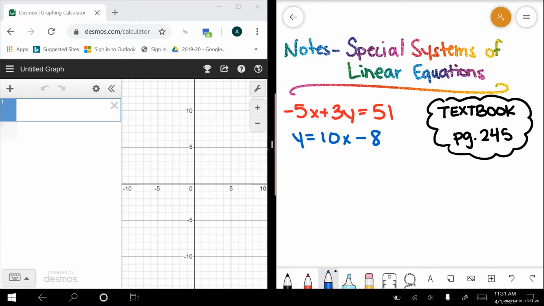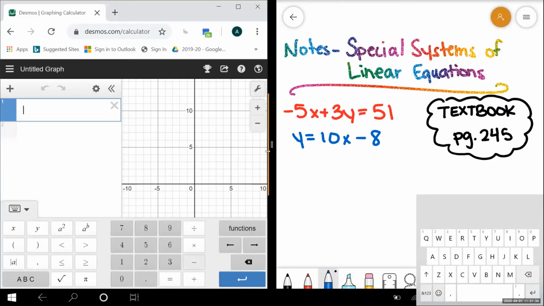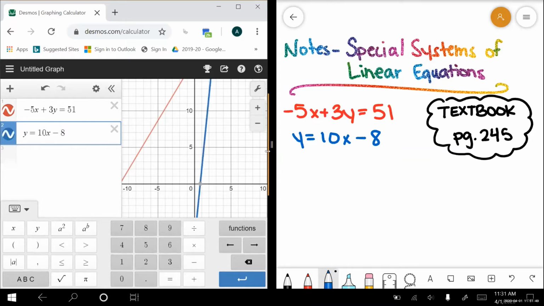Just to recap, we're solving this system using substitution. We could graph, right? That's very easy for us to do. I would put negative 5x plus 3y equals 51, and then underneath that, I would put our second equation, which is y equals 10x minus 8.